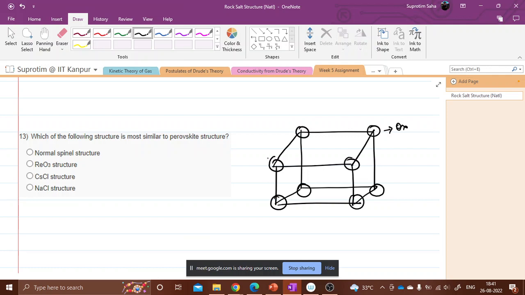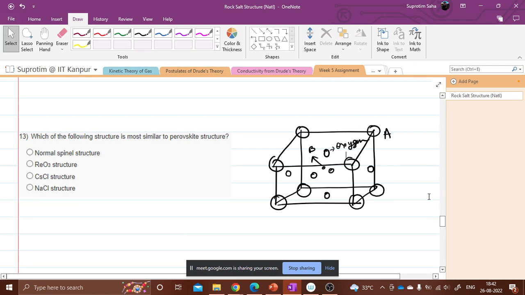So large A, and B, oxygen. So that is the case. So now let me just draw the faces. Okay, so now let's say that the center is your B, and this is your A, plus oxygen at the faces, right? So this is your oxygen.